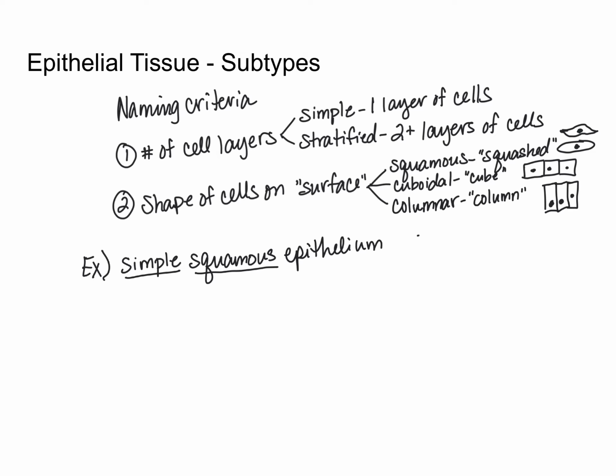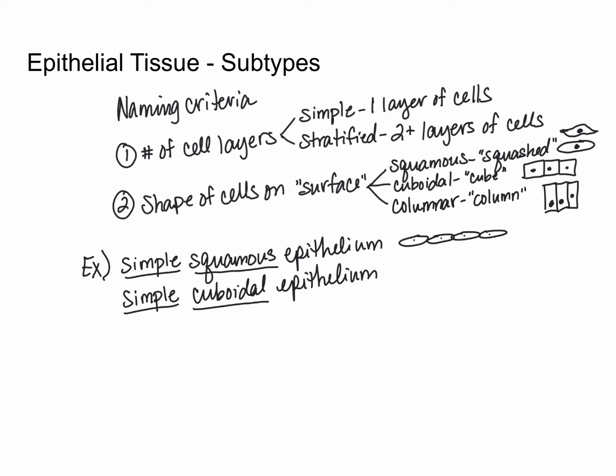So it would look something kind of like this. You can have simple cuboidal epithelium. And the simple tells you that there's one layer of cells, and cuboidal tells you that those cells are cube-shaped. So it would look something kind of like this.